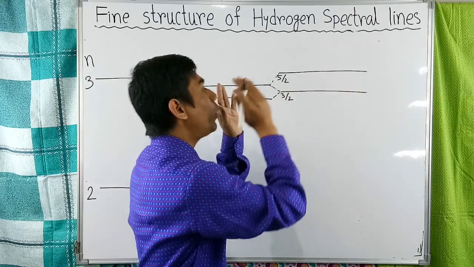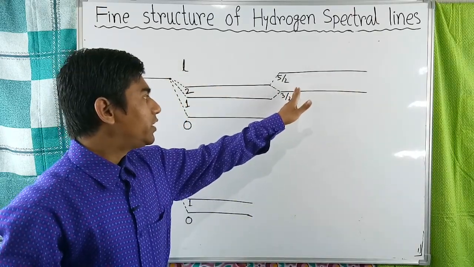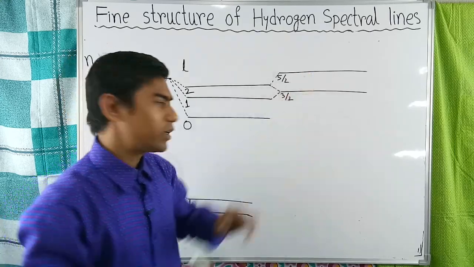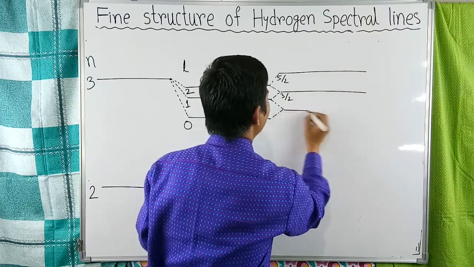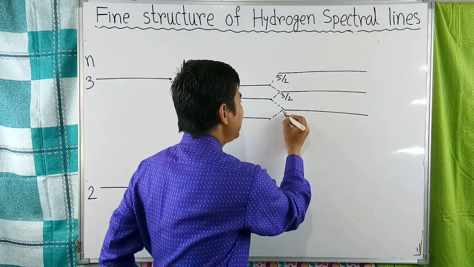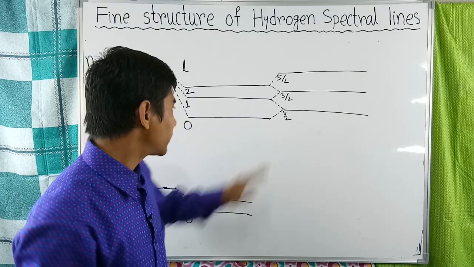This is the coincident energy level for 2p 3/2 and 2d 3/2, and this is the coincident energy level for the 2p 1/2 level and 2s 1/2 level.